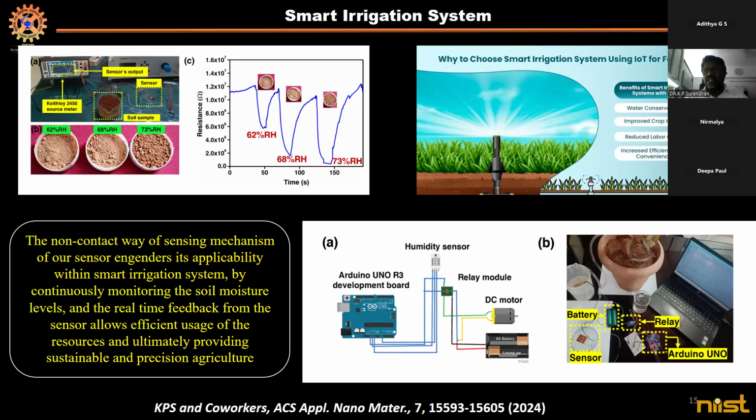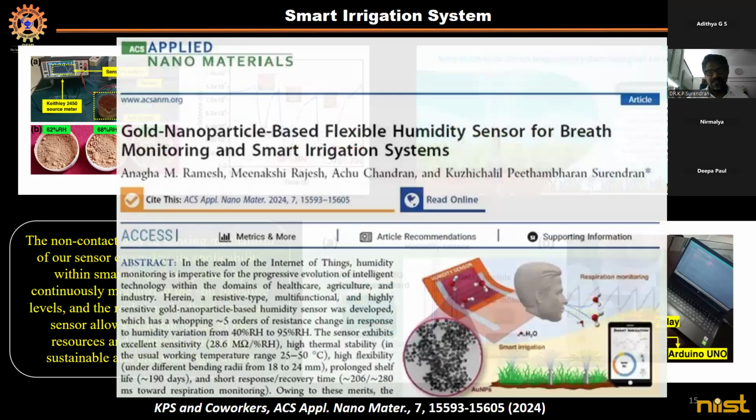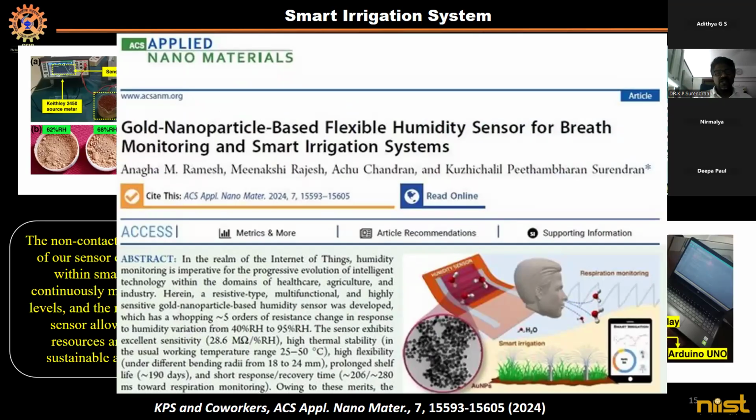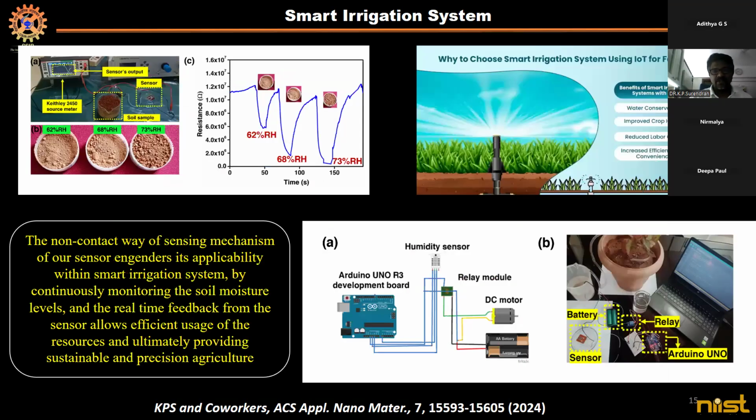So if these sensors are arranged in different parts of an irrigation system, you can sit at home, and the pumping will happen as and when required when there is a scarcity of water. This work was done some time back. We have published it in ACS Applied Nano Materials, from the American Chemical Society.